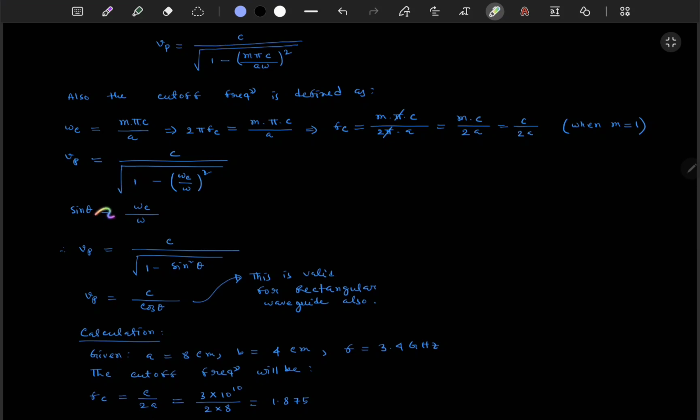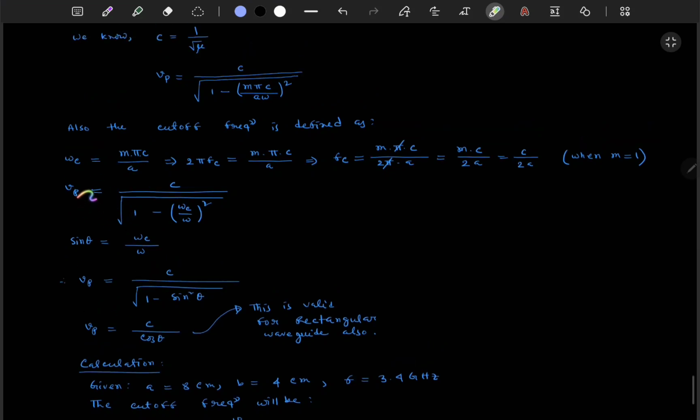Now again putting this, Vp equal to c by root of this thing, and here c by 2a. Here omega c we are just putting this value, meaning m pi c by a.